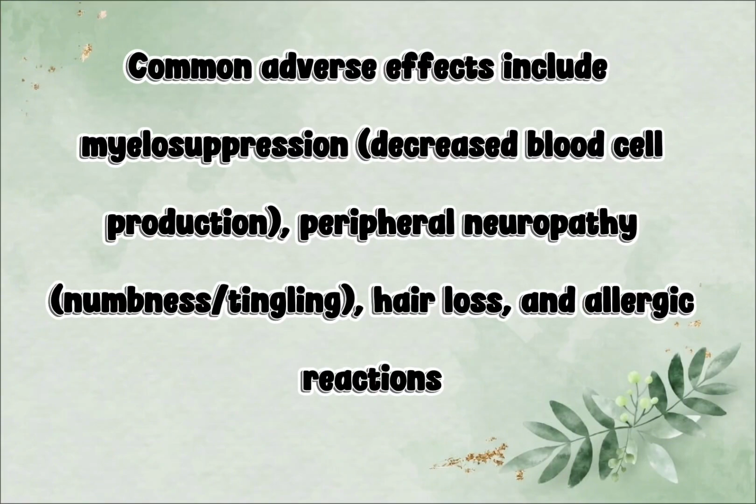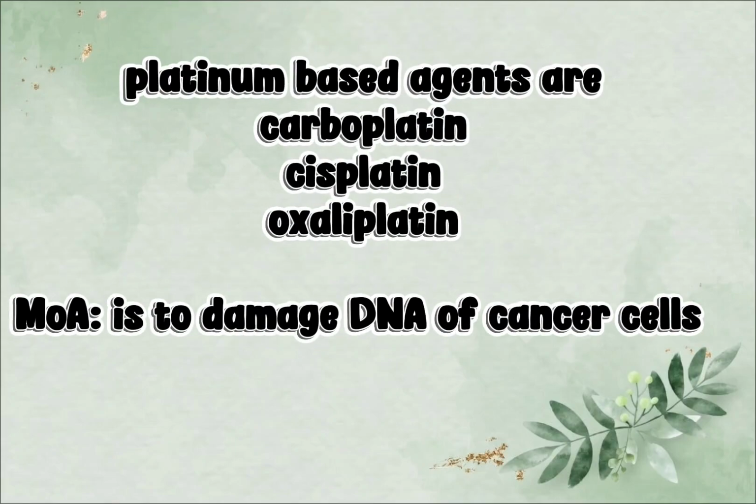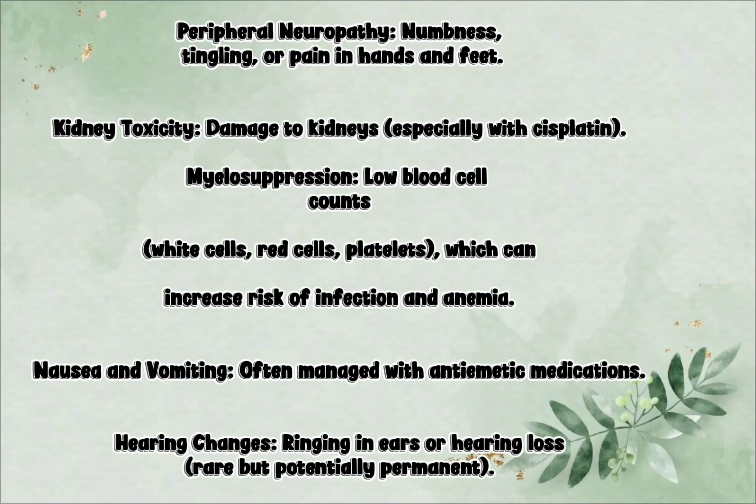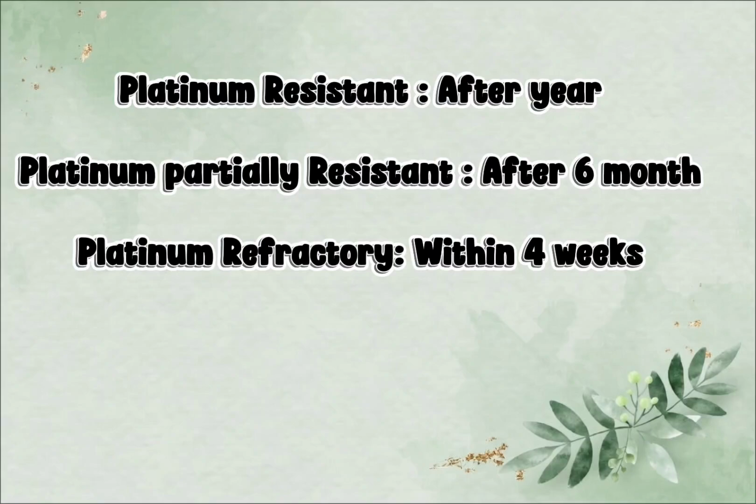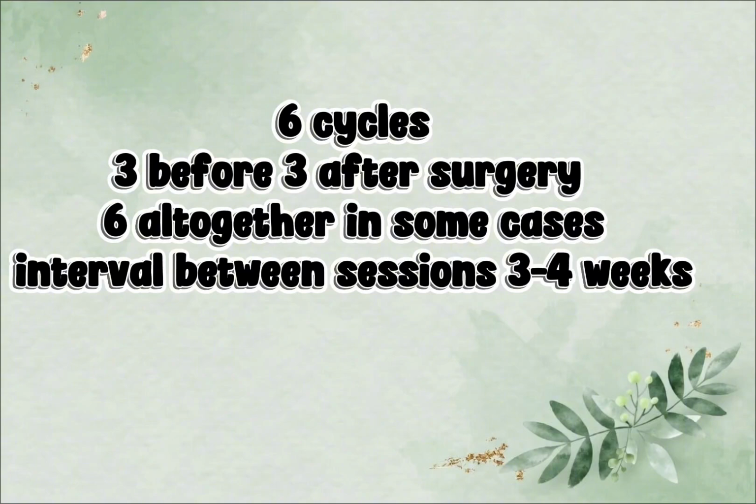Then side effects of the taxanes, I have mentioned all the side effects related to the taxanes. Then platinum based like cisplatin, carboplatin, oxaliplatin, and their possible side effects, and also what is platinum resistant, sensitive and refractory. They ask about the definition of the terms.